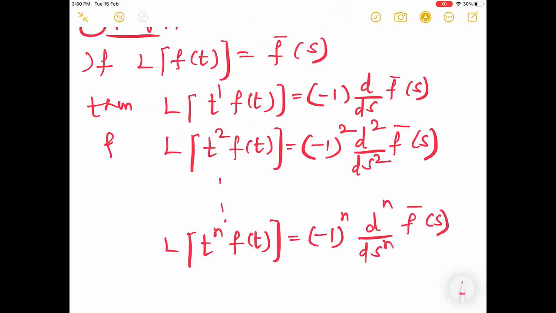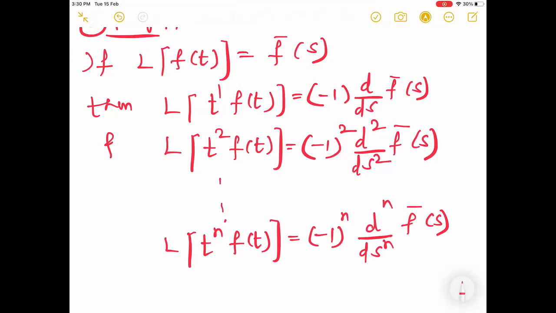Just remember this property properly. Generally we use it when t is multiplied with a sine or cosine function. If t is multiplied with e raised to at, then we will use the first shifting property. Okay, no use of this property there because the calculations are a little bit more in this case.